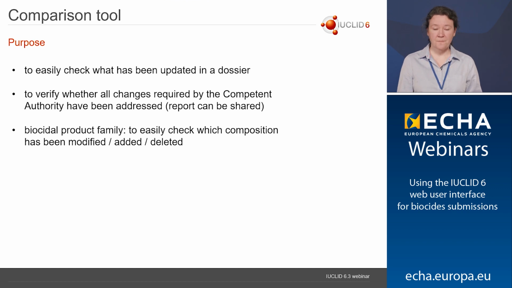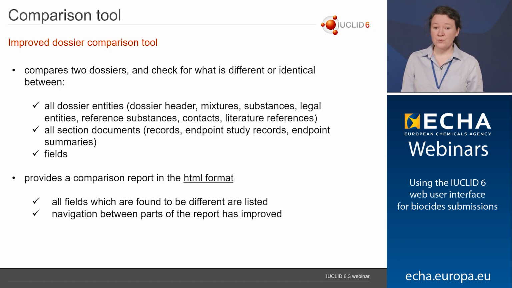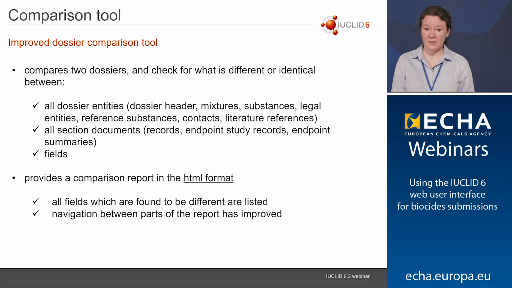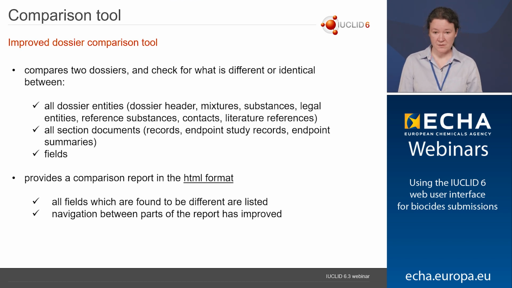And I think it's very useful for biocidal product family to easily check which compositions, which product has been modified, added, or deleted. Improved dossier comparison tool compares two dossiers and checks what is different or identical between all dossier entities, all section documents, and all fields.